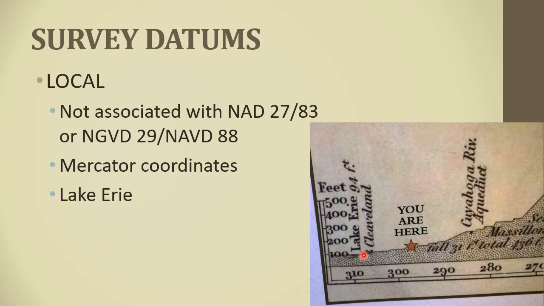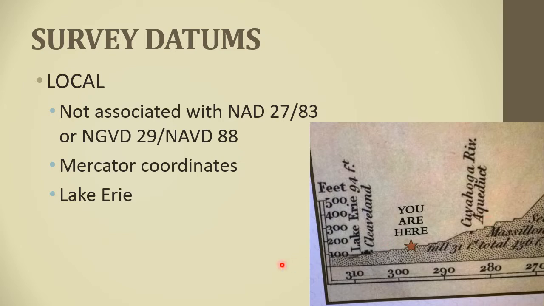Well, we know that above mean sea level, Lake Erie is about another 500 feet higher. So if you were to look at maps, remember that map I showed you of the Cuyahoga Valley Railroad from 1919, they are based on these elevations.